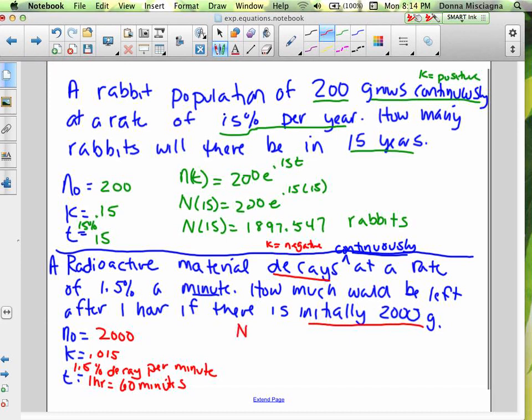So the amount after any time is going to be 2,000 times e to the, whoops, I put decay, and what happened to my negative sign there? 2,000 times e to the negative 0.015 t power.